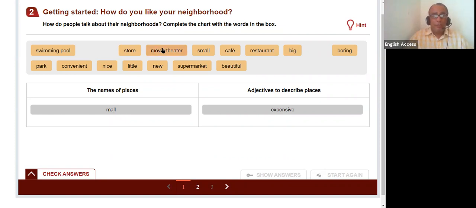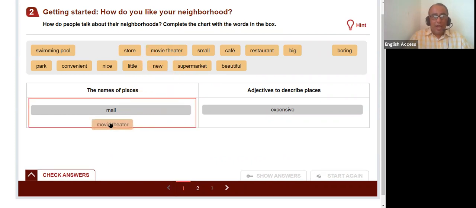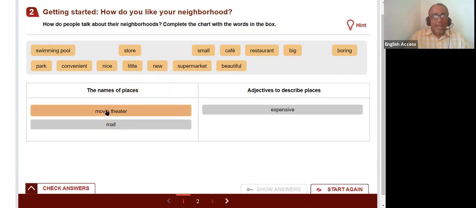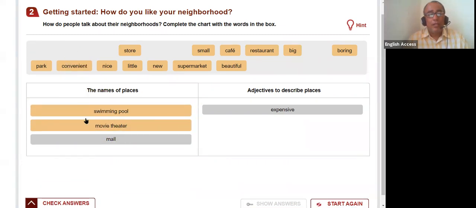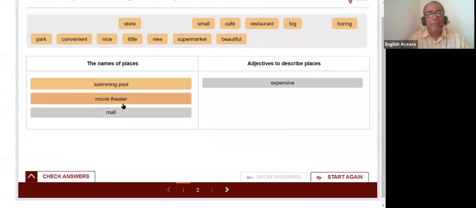So, for example, this is the name of the place, a movie theater. What adjective can we use for movie theater? An adjective is a word that describes the place. Swimming pool is another name. Is there another name for places? Help me with the names of the places.